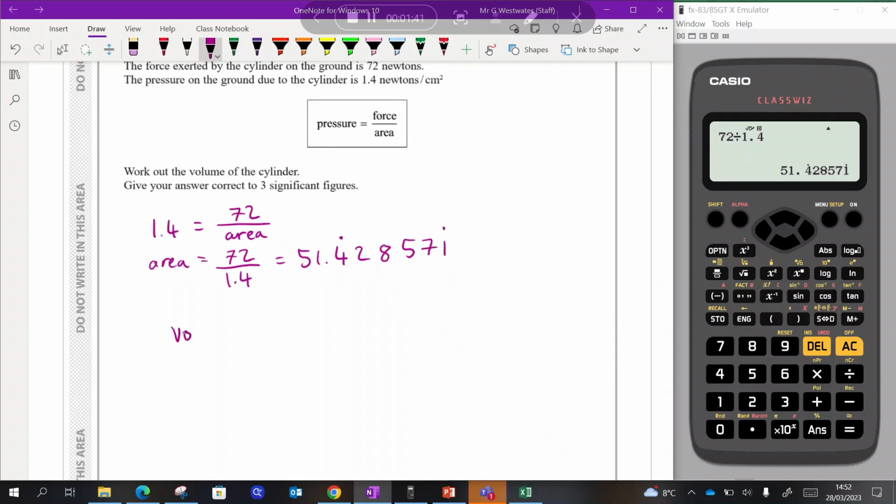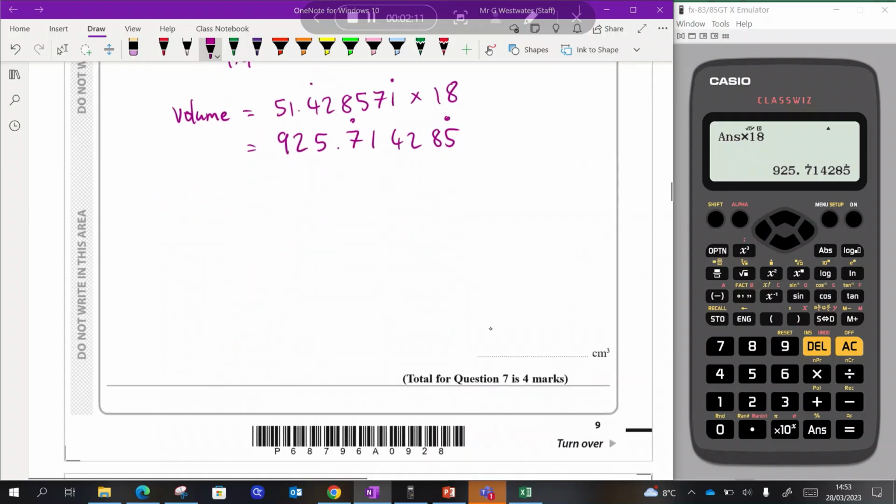So the volume is just going to be this number, 51.4285571 recurring times 18. We need this to 3 significant figures, so I'm going to give it to more first, 925.714285, again recurring around the 5 and the 7, and to 3 significant figures, this is 926.